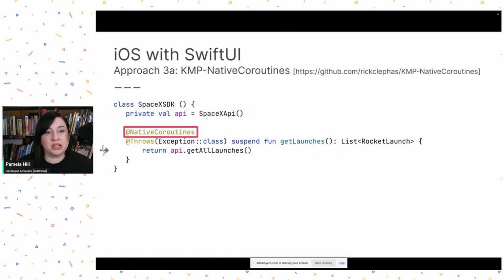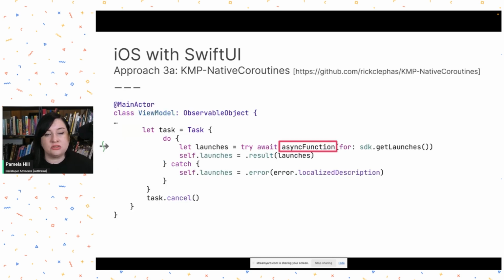So my next approach is to use a library called KMP Native Coroutines from Rick Clephas. This is a sort of plugin and library that you configure, so you need to do some Gradle configuration. And then you have to mark your suspend function with an annotation, @NativeCoroutines.